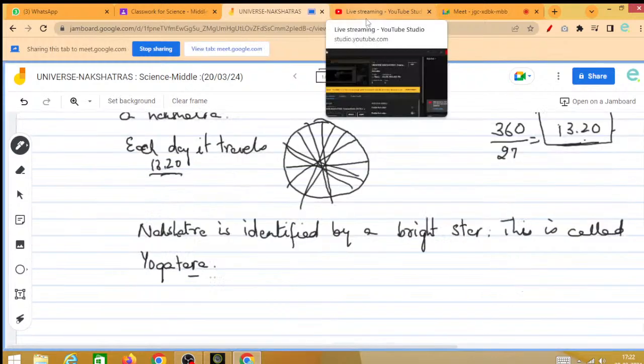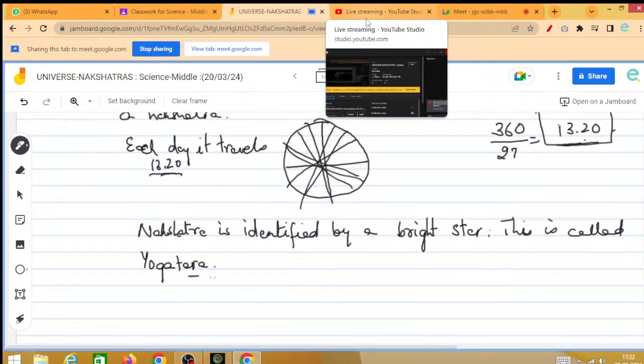Till here we had done last time also. Degrees and 20 minutes. A nakshatra is known from the brightest star that it contains. The brightest star is called the Yog Tara.